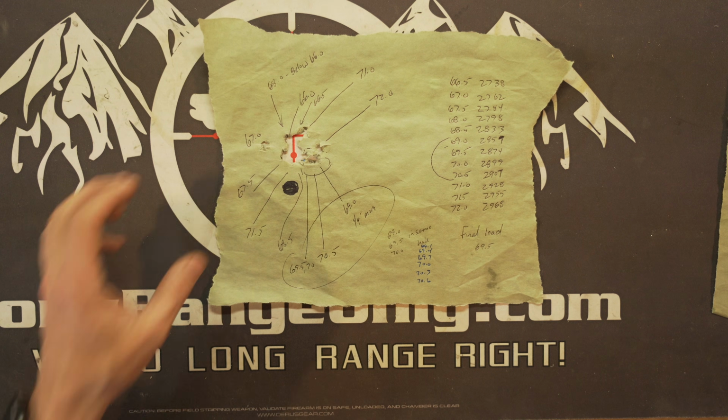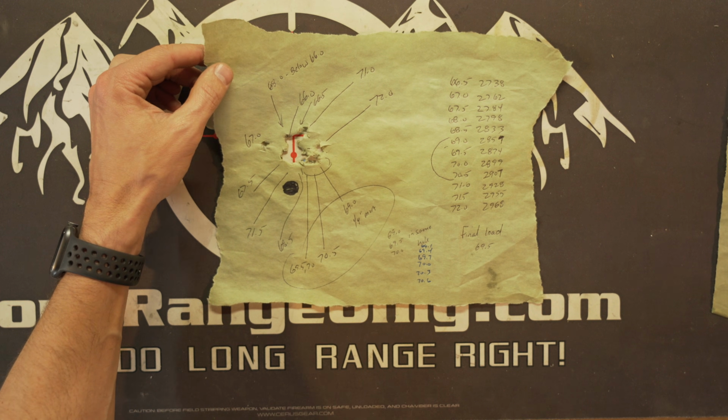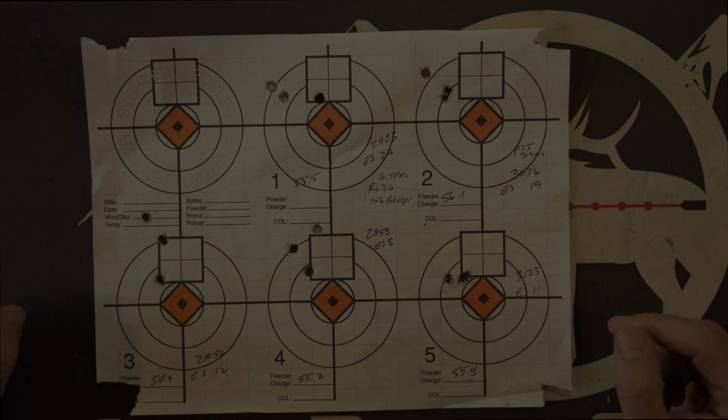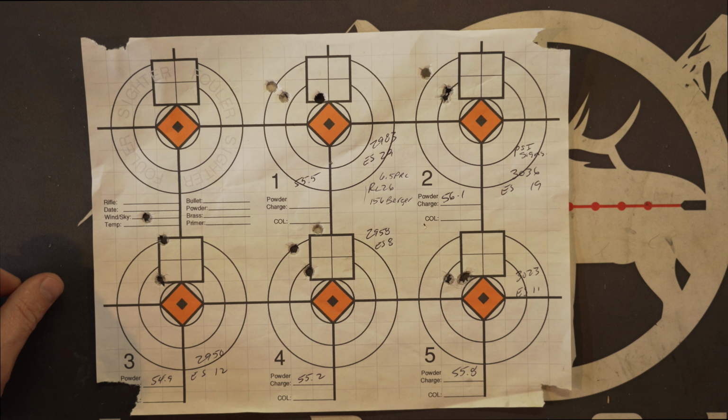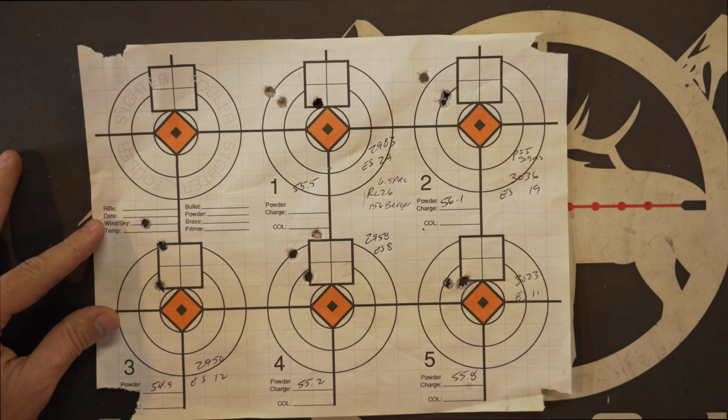So I told you we would take a look at these pressure tests that I do, and that's what we've got there. This was just one I put together real quickly for this video, and we used a seating depth test for Berger 156s in a 6.5 PRC that I had already had 2 different loads with, and they both liked 25 thousandths off.